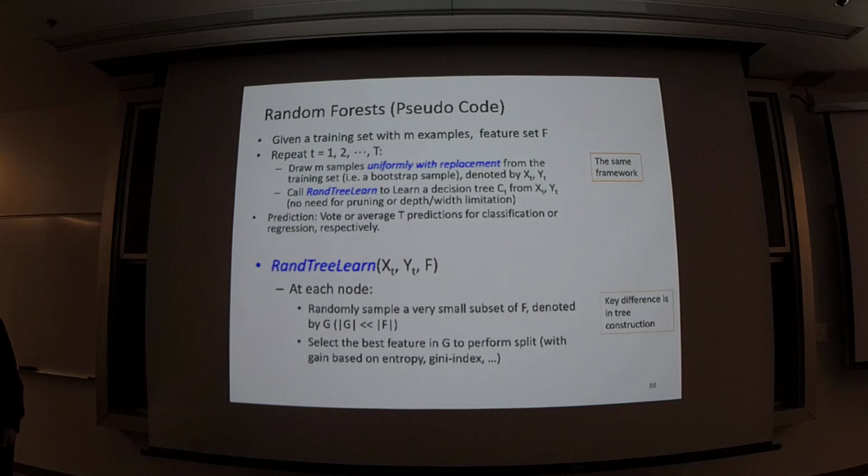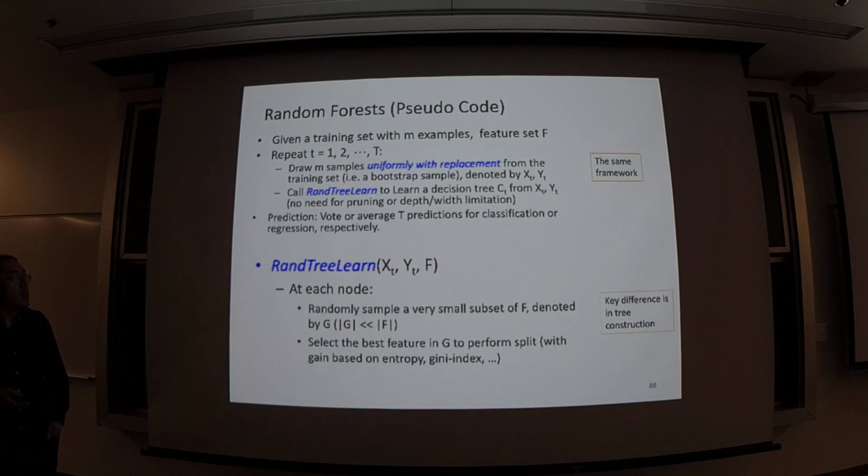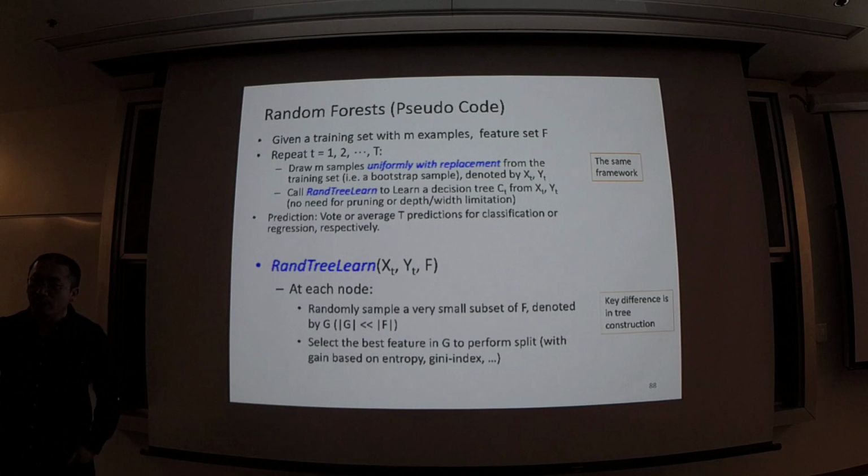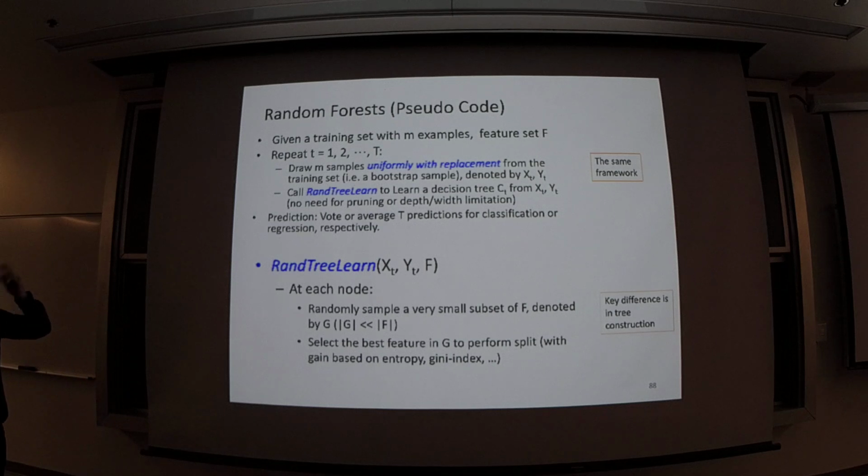We repeat for, say, big T iterations. In each iteration, I draw M examples uniformly with replacement from the training set, namely a bootstrap sample, denoted by XT and YT. This is the same step we mentioned before.